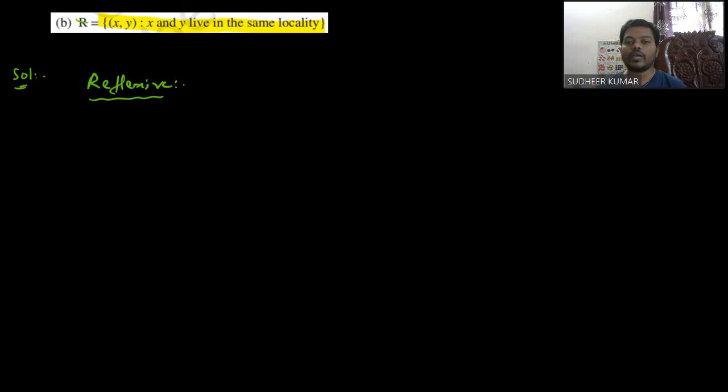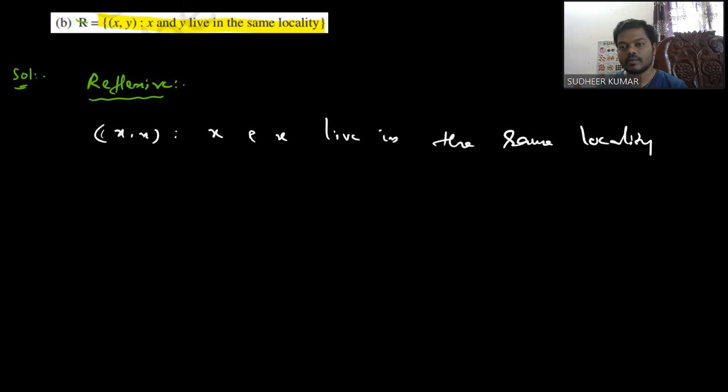As x and y live in the same locality, x comma x, x and x live in the same locality. Therefore, R is reflexive.